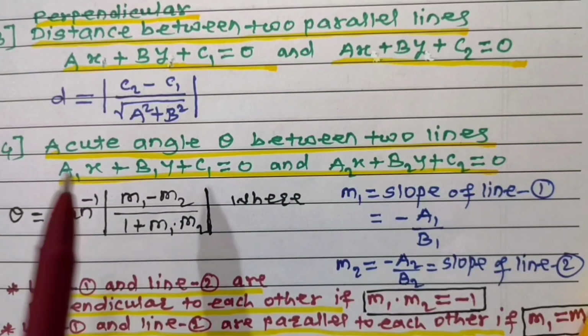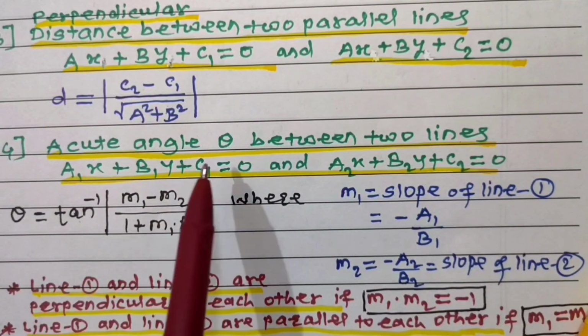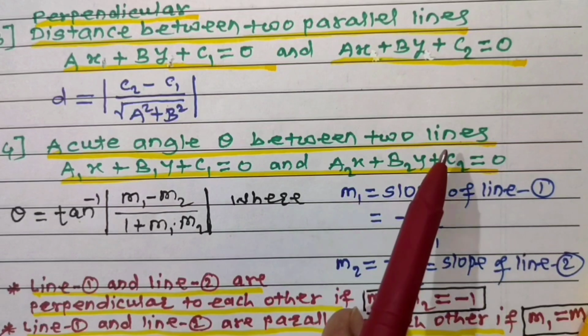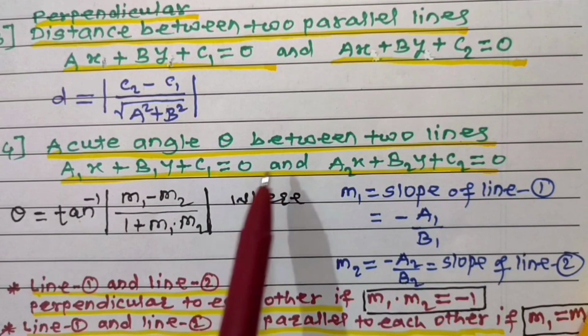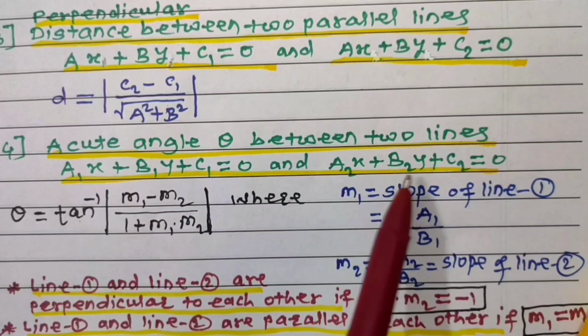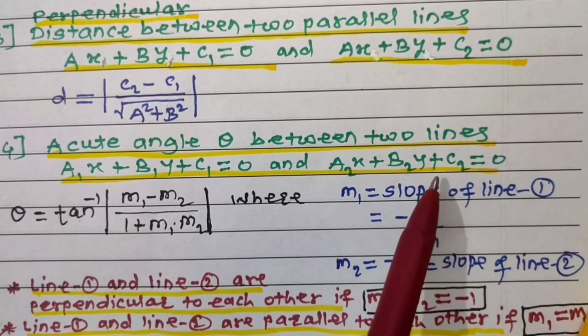Then point number 4 is the acute angle theta between two lines a1x plus b1y plus c1 is equal to 0, this is line 1, and a2x plus b2y plus c2 is equal to 0, this is line 2.